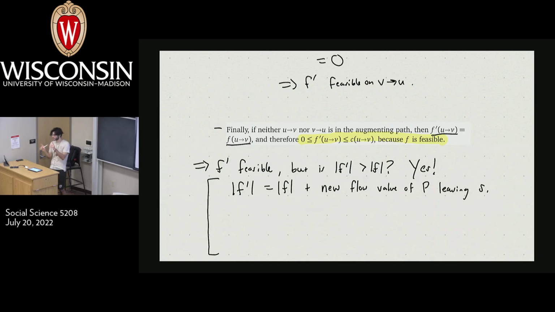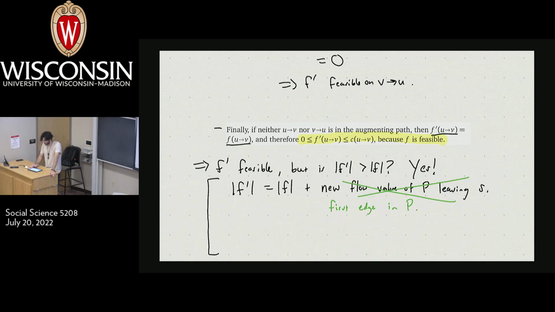So it's only the first edge that affects us. So specifically, this is just the value of the first edge in P, because the first edge is the one that leaves S.